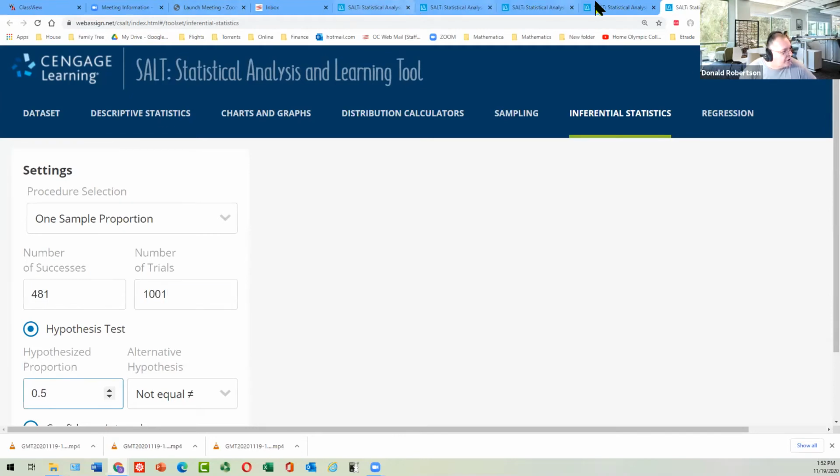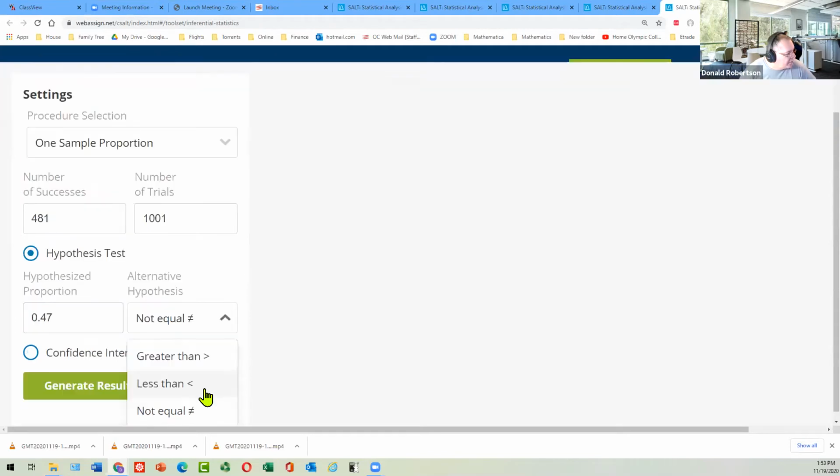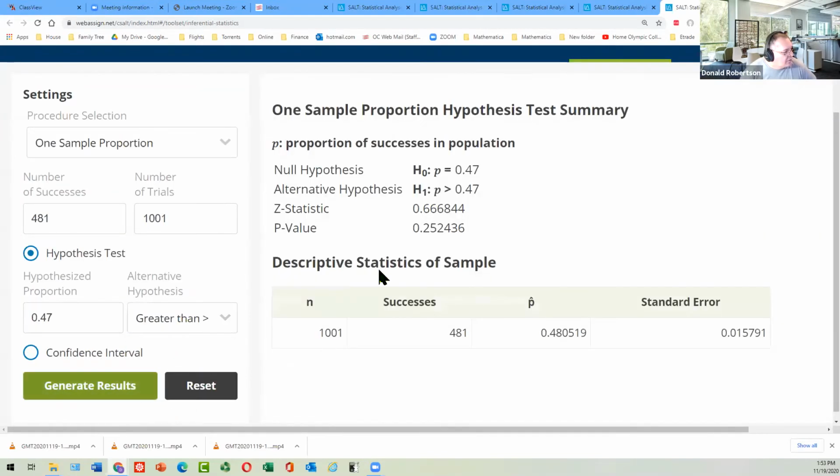We are checking to see if it is bigger, more than 47. Greater than. And the Z statistic is not that good. Do you see it's less than 1? Not good. And 0.2524 is the p-value.